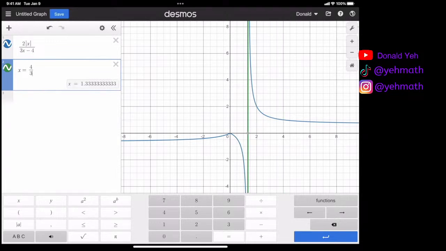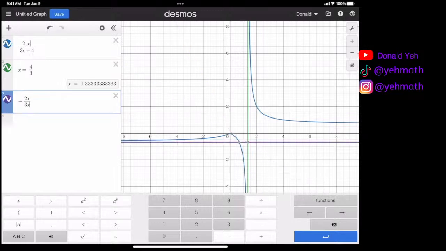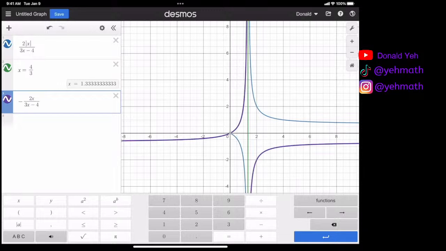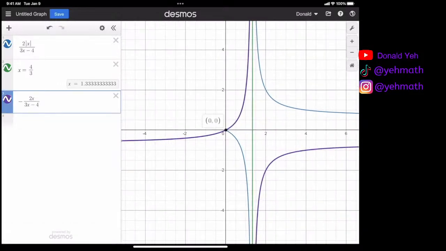And when we choose the negative infinity, maybe that tells you a little bit better: negative 2x over 3x minus 4. Do you see that when it goes negative infinity, after this part, it starts matching? That's only starting at 0, which is interesting.